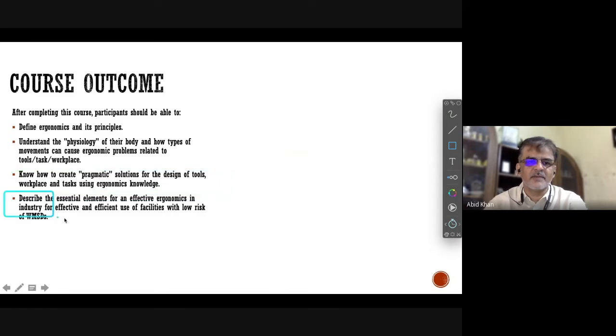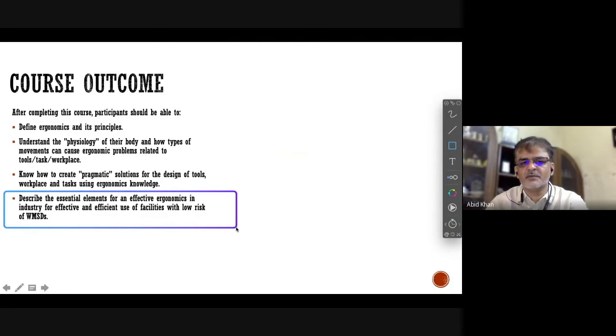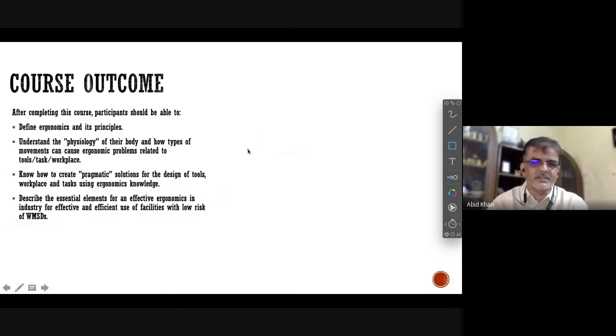We should describe the essential elements of effective ergonomics in industry, an effective and efficient way of using the facilities, and low risk of WMSDs. Sometimes there is a fear with the employers that if they implement ergonomics principles, they are going to add more cost for human comfort than for productivity.